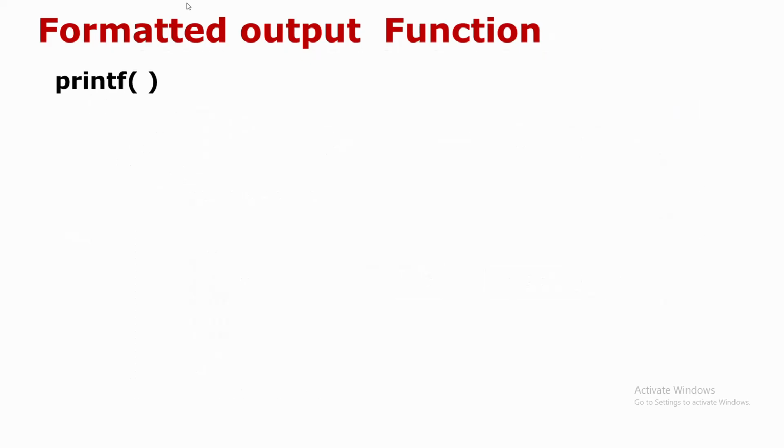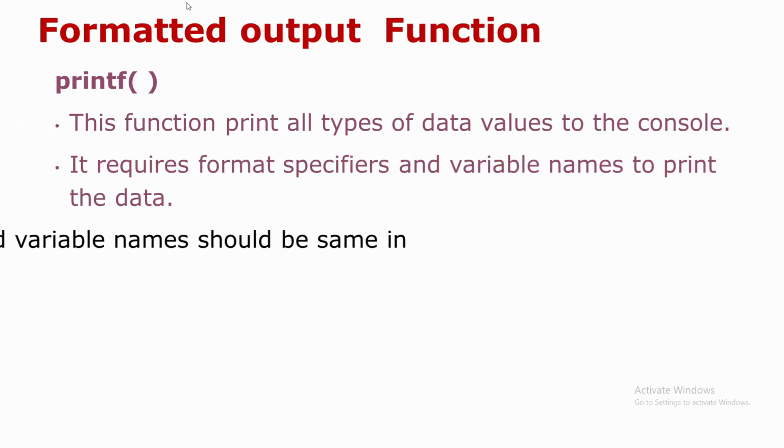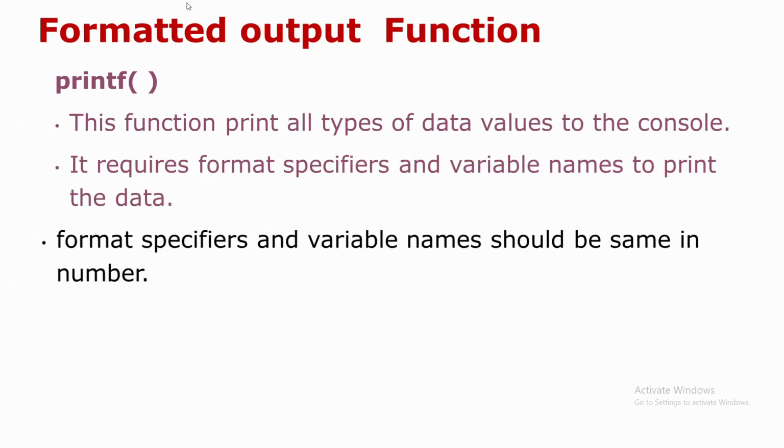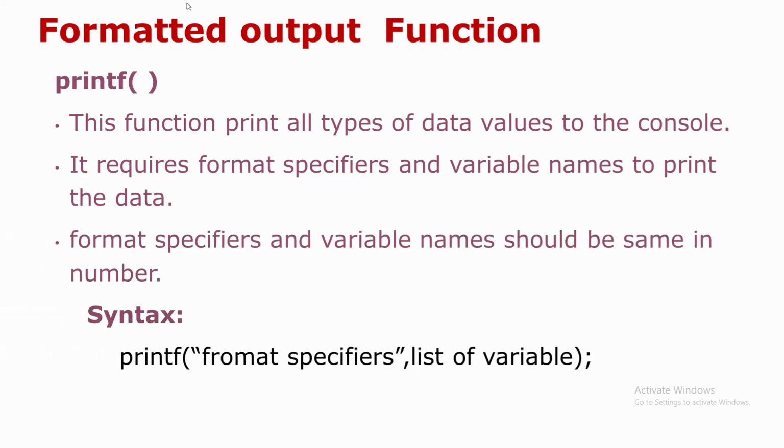Now let us understand what exactly formatted input and output mean. Formatted input means reading data according to a specified format. For example, suppose we want the user to enter age as an integer, salary as a floating point number, grade as a character. The computer should know what type of value it is expecting.